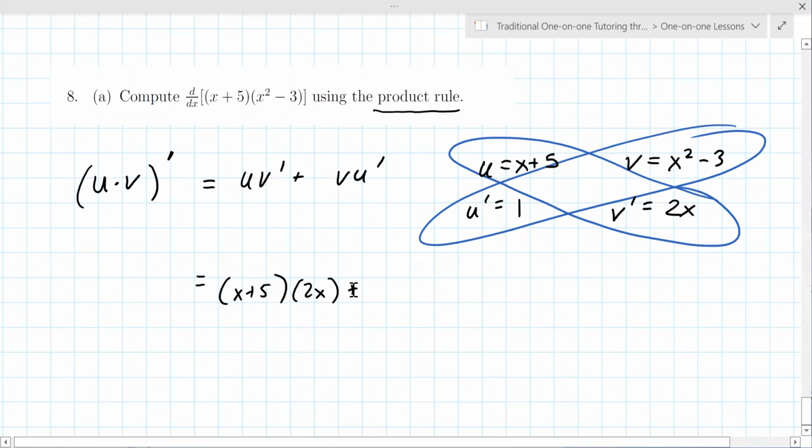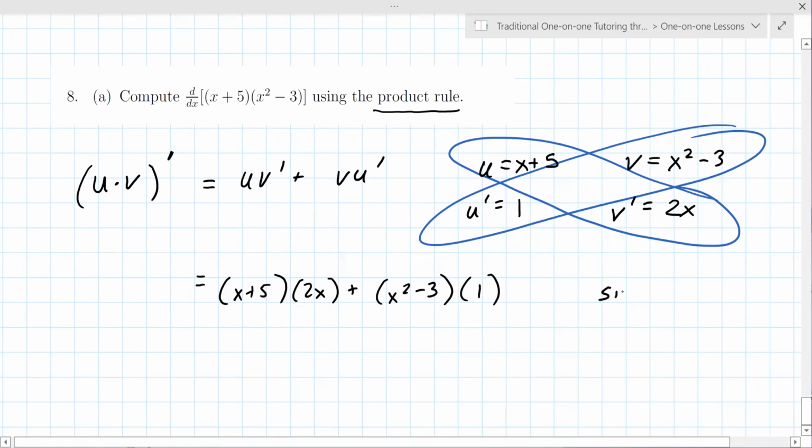The parentheses are nice because they hold the thing in so you can see it, and it makes it easier on whoever grades it as well. V u prime is the other one, and the order doesn't matter. A lot of students get hung up on that, like, can I put u prime first and then v? Yeah, it doesn't matter. Just make sure you're pairing them up.